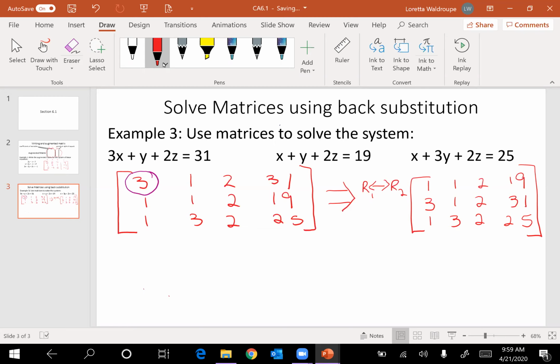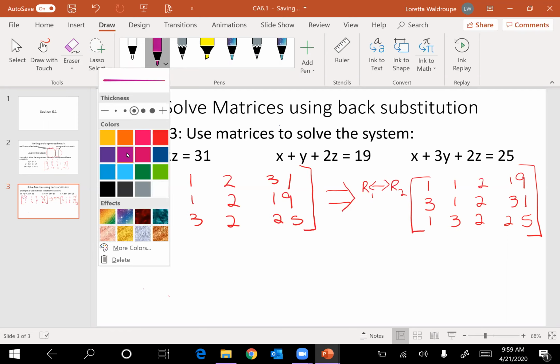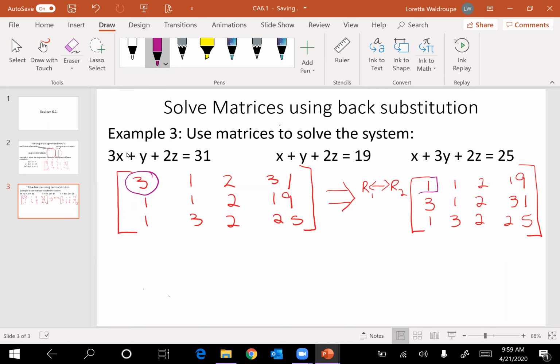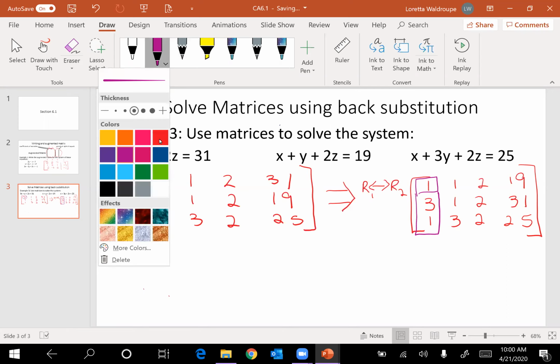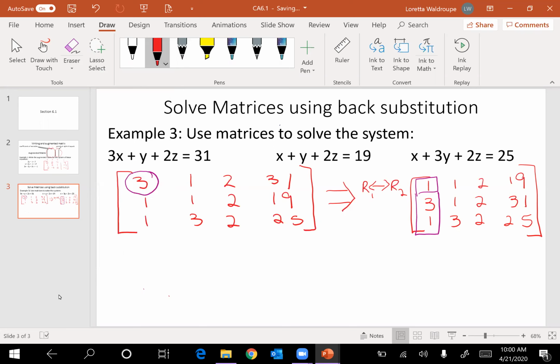Once you get the number that you want a 1, your next step is to make the numbers under it zeros. To do that, you multiply row 1 times the opposite.